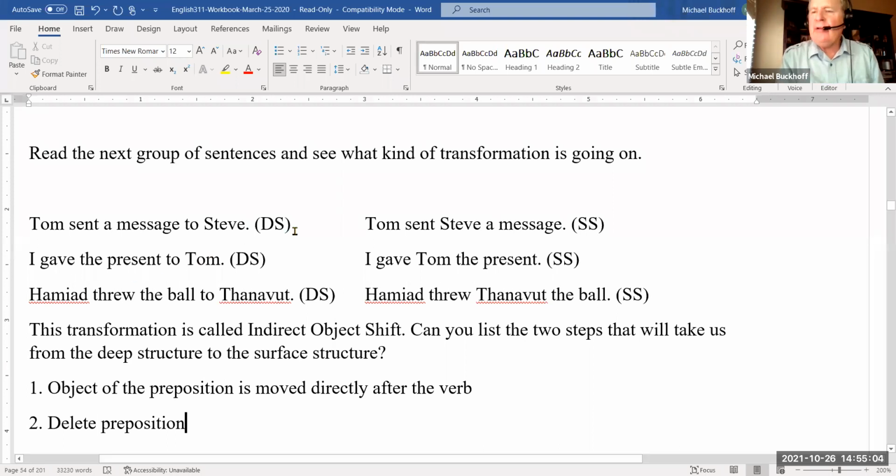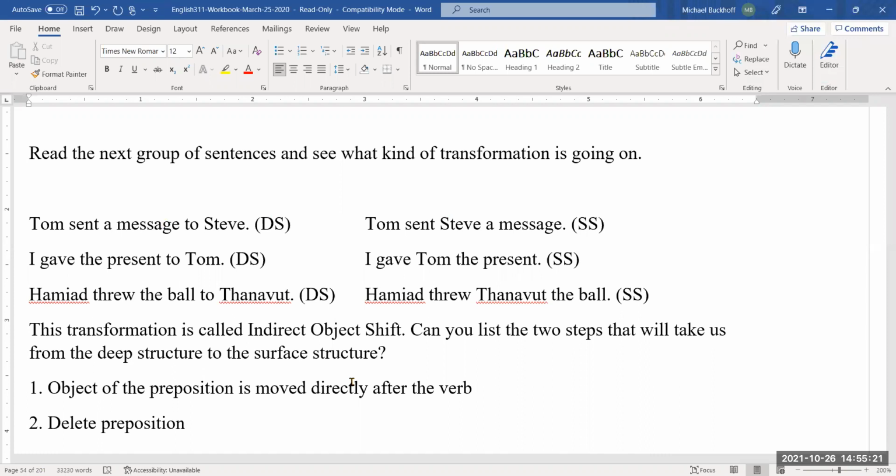Okay, now, here's my question. If you're talking to a non-native speaker or a young child who hasn't got a good grasp on the language yet, which sentences do you think are easier to understand? Do you think the deep structure, the original, or the variation of the original is better?